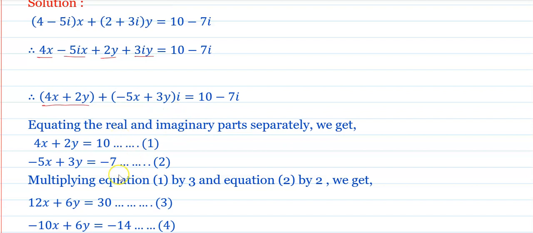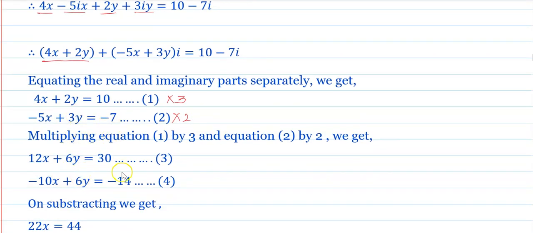Now we'll solve this. That is multiply the equation 1 by 3 and equation 2 by 2. Okay. Then what you will get? If we multiply equation 1 by 3, that is 12x plus 6y is equals to 30. And if we multiply the equation 2 by 2, then you will get minus 10x plus 6y is equals to minus 14.